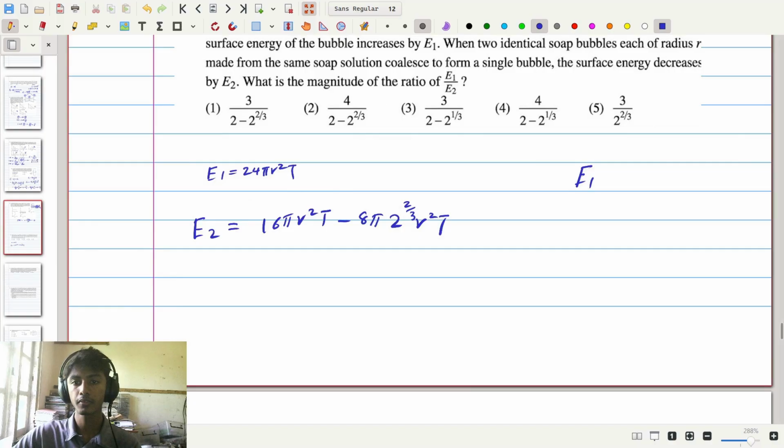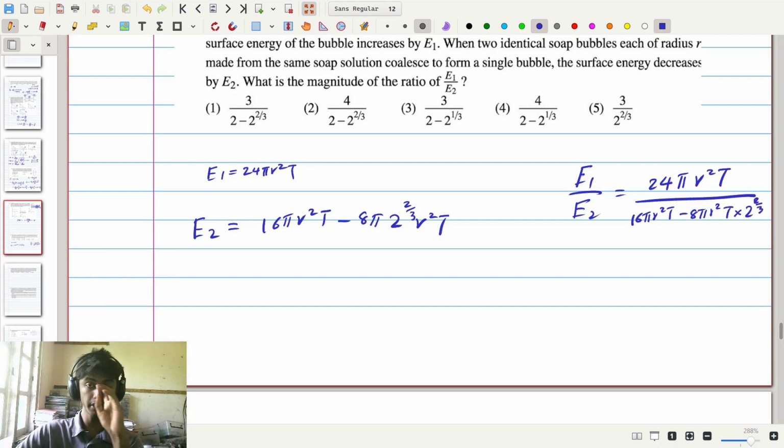24 pi r squared T divided by 16 pi r squared T minus 8 pi r squared T times 2 to the power of 2 over 3. So you get this expression right here.